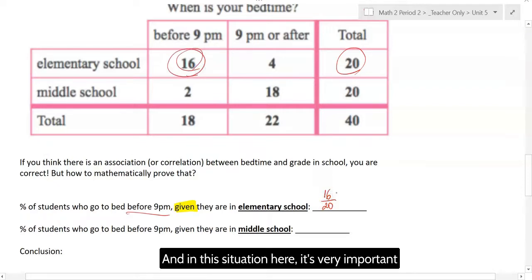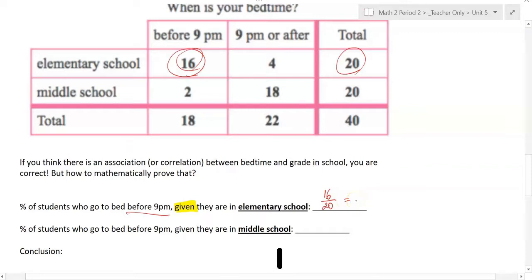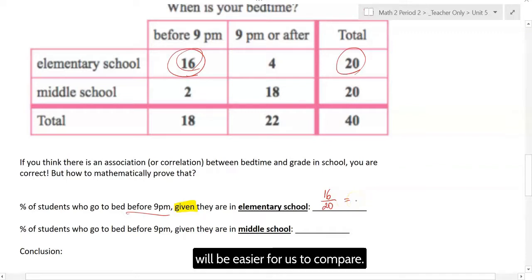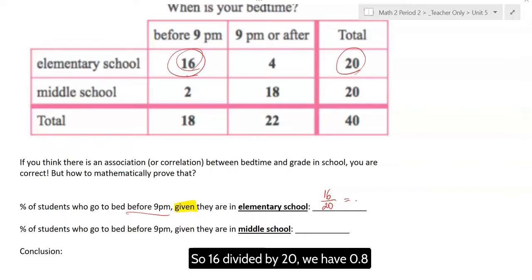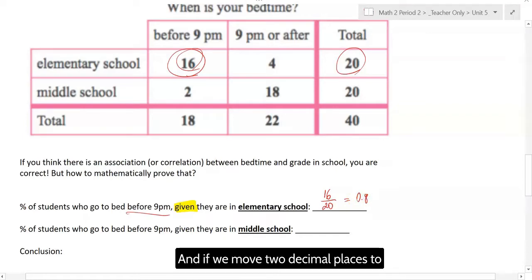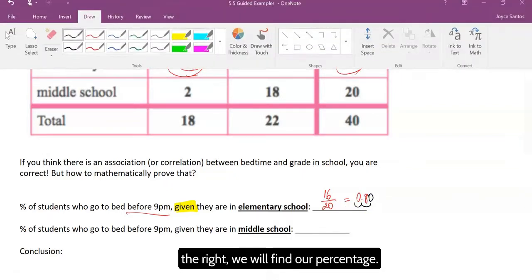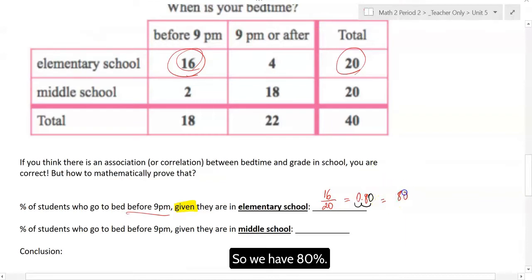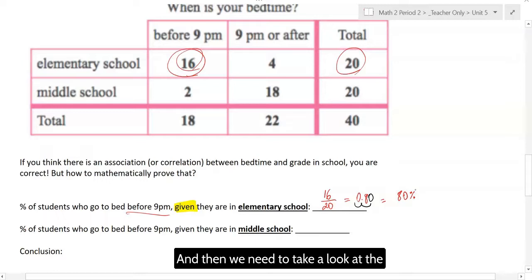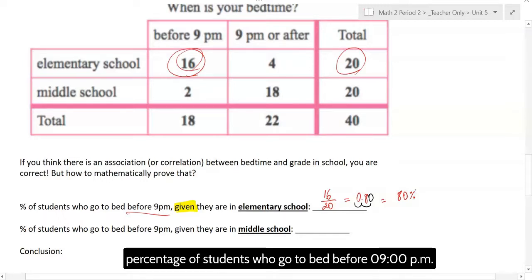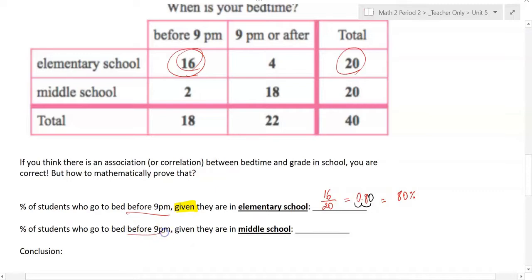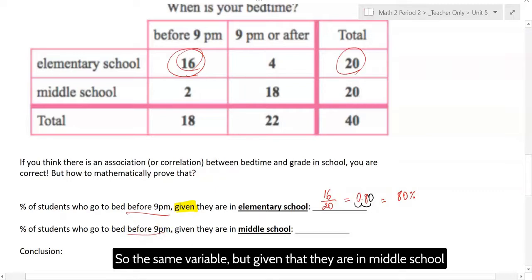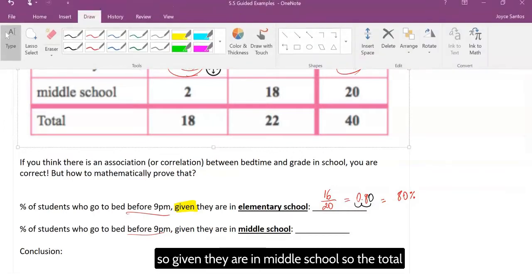In this situation, it's very important for us to put it in percentage because it will be easier for us to compare. So 16 divided by 20, we have 0.8. If we move 2 decimal places to the right, we will find our percentage. So we have 80%. Then we need to take a look at the percentage of students who go to bed before 9 p.m., the same variable, but given that they are in middle school.